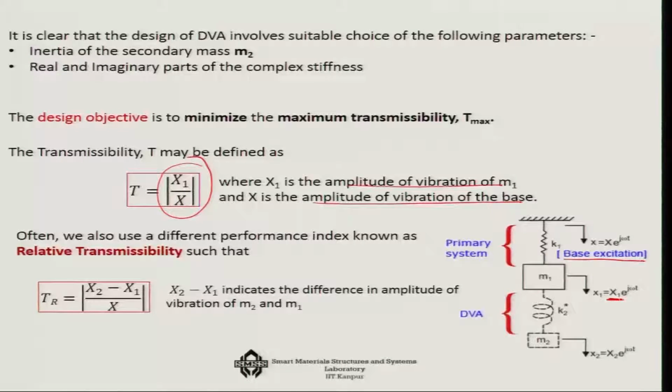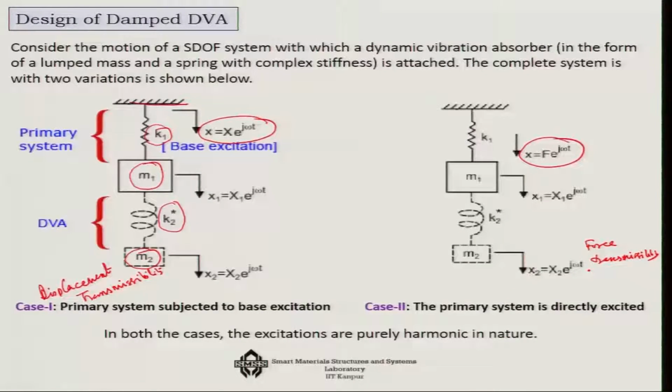Now, if I have to do the same thing for the other case, suppose for the force transmissibility, what would we have done? One output could be the force that is transmitted here; call it Ft. In that case, the transfer function would have the input as F itself.